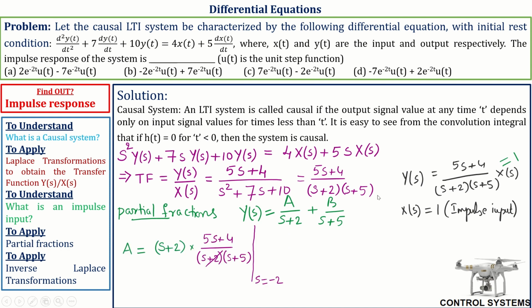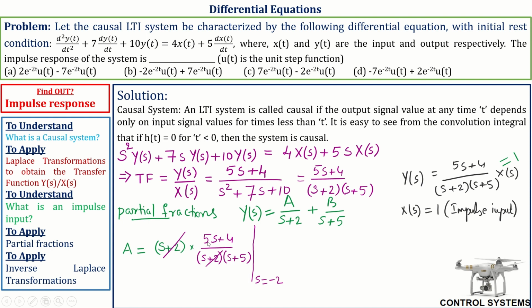So how to calculate a? You all might be knowing what partial fractions are and how to calculate a and b. Just for your convenience, I have also given it here for a. We can consider the denominator of a, s plus 2, and take it into 5s plus 4, the entire transfer function 5s plus 4 by s plus 2 into s plus 5. The s plus 2 and s plus 2 get cancelled, and we replace s with minus 2 in the remaining portion.